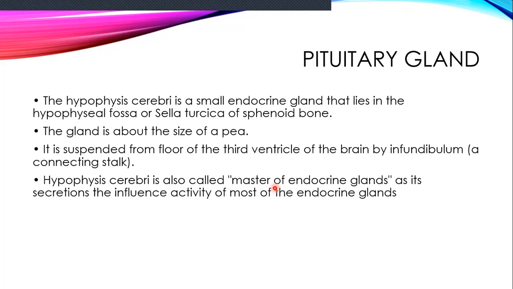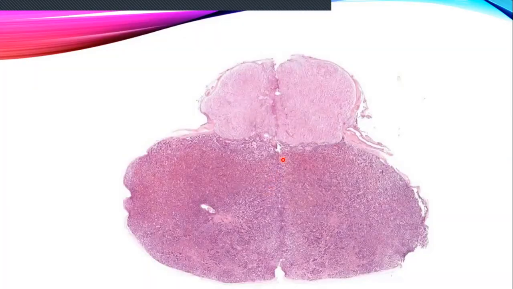But one thing which I usually say, even the master can be controlled. Even the pituitary gland is controlled by the hypothalamus. So despite it being the master of endocrine glands, it is also controlled. Please remember that.